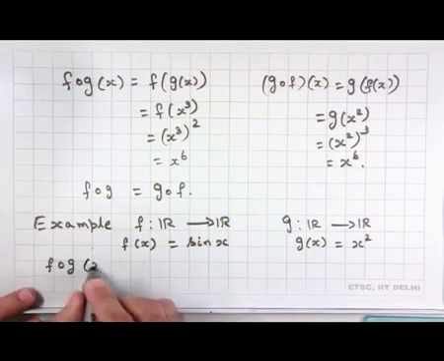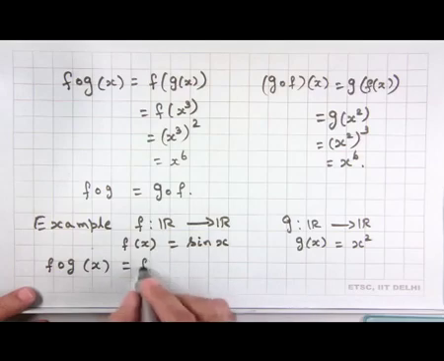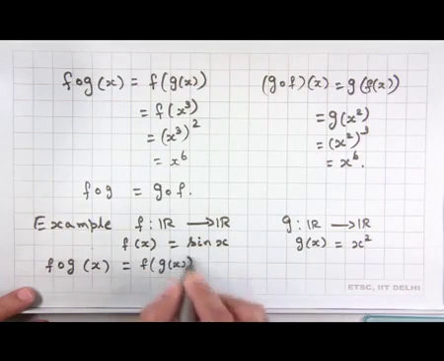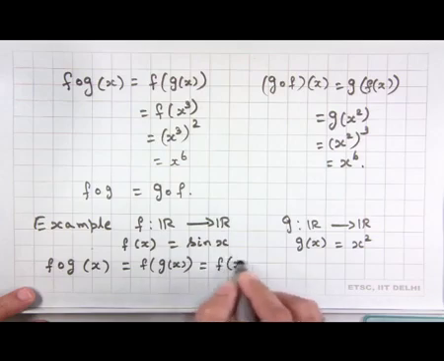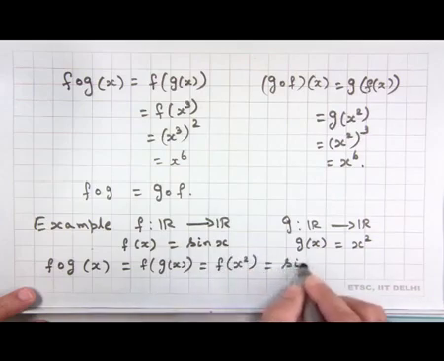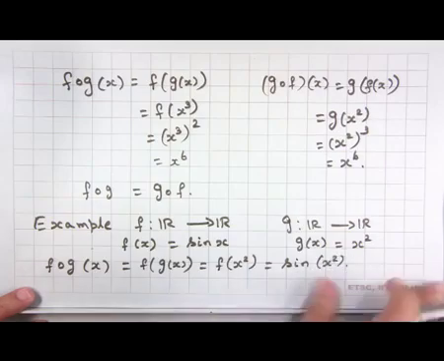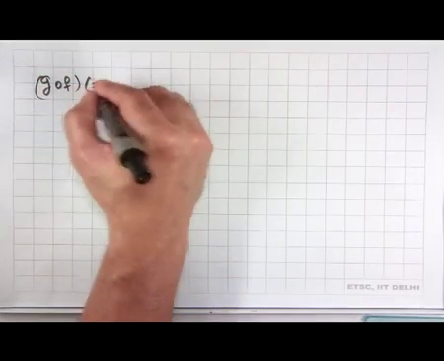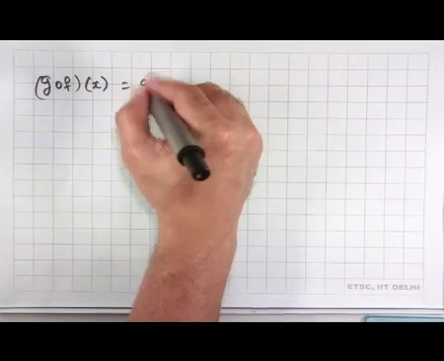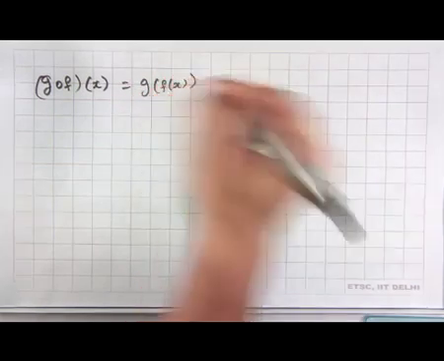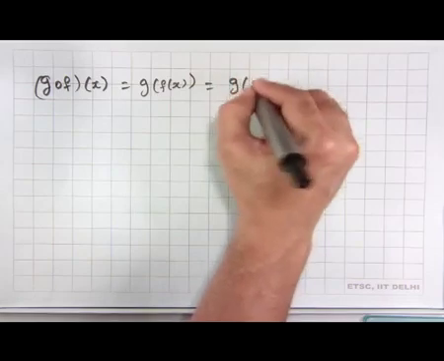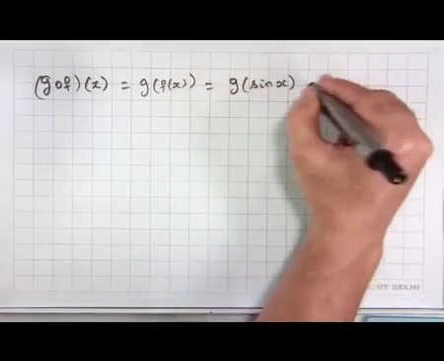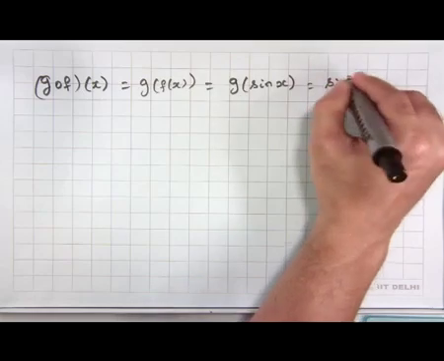F composed with g at x is going to be f of g of x, which is f of x square, which is going to be sin of x square. On the other hand, g composed with f at x is going to be g of f x, which is same as g of sin x, which is equal to sin square x.